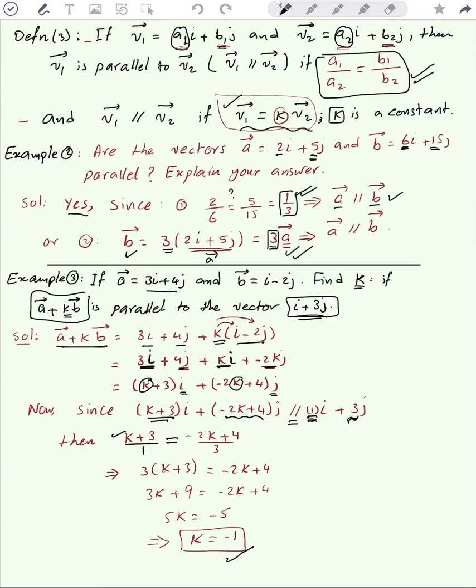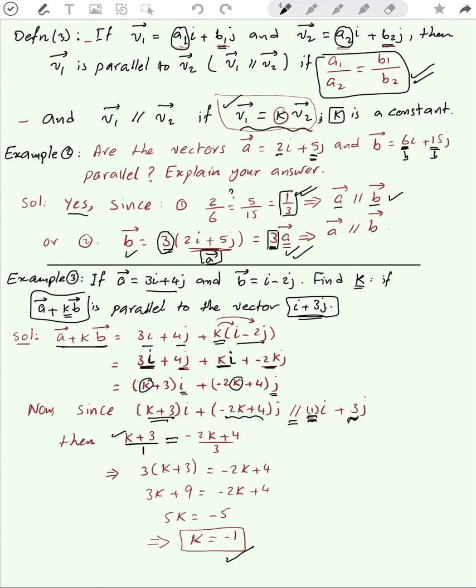Or we may factorize one of them. Can I write one of them as a number multiplied by the other one? Yes. Look, if we factorize the vector B, you have 6, 15. If you put 3 as a common factor, you will get 2i plus 5j, which is the vector A. So the vector B is equal to 3A.